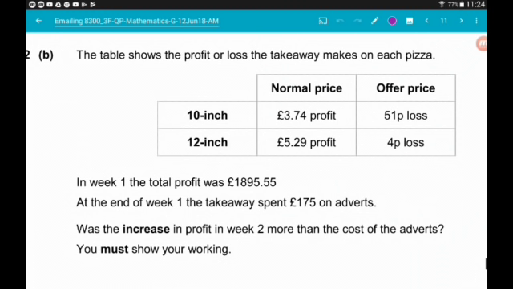We are asked if the profit increase from week 1 to week 2 was more than the adverts. And of course, we must show our working. So we can see from the table, when the takeaway sells pizzas at a normal price, they make profit. So the first thing we're going to work out is the profit from sales.